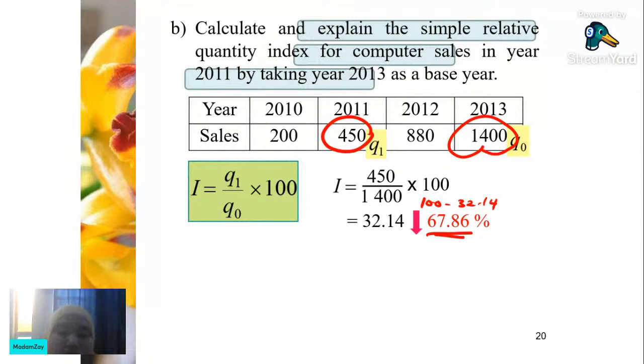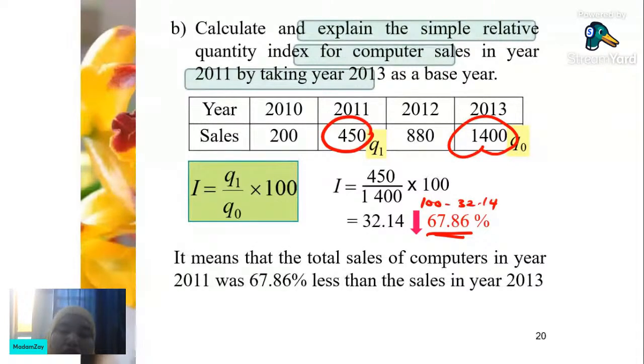So it means that the total sales of computers in year 2011 was 67.86% less than the sales in the year 2013. Even if the base year is a later year, we still need to do this conclusion explanation. Okay, so hopefully you understand how to explain the index.